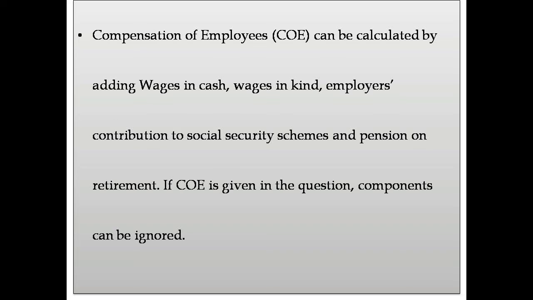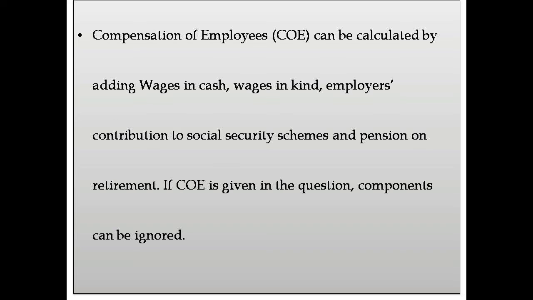Wages in kind means in the form of goods or services. If the firm is giving any payment to the employee in kind, for example, a rent-free accommodation, or maybe a car and a driver, these all come under wages in kind.